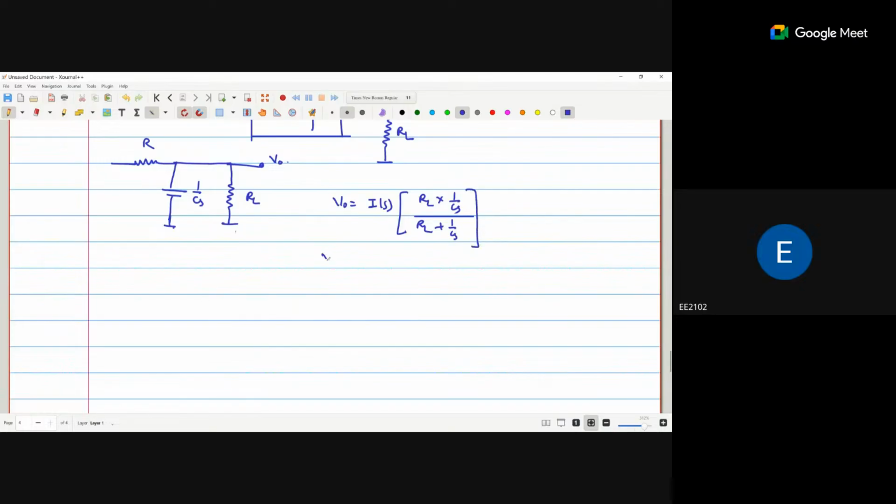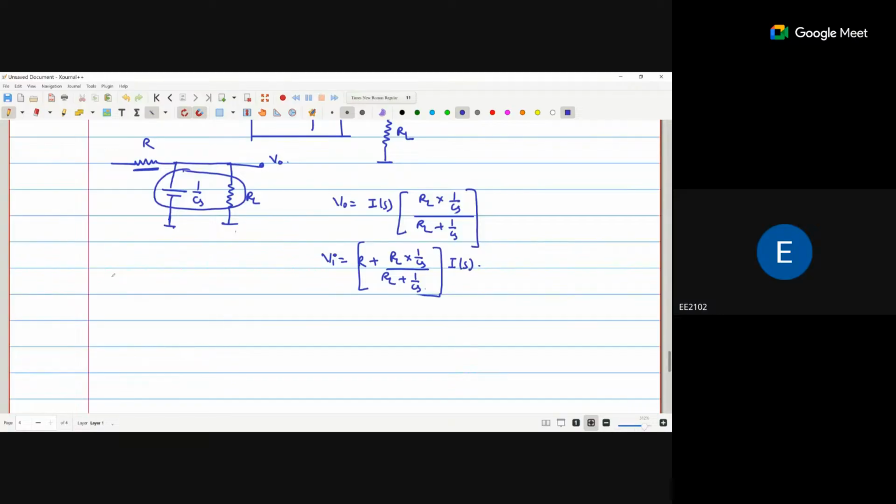Now what is Vi? Vi is also the voltage across this resistor and the parallel combination of these two. So that is R plus the parallel combination, RL multiplied by 1 by Cs upon RL plus 1 by Cs, this whole resistance multiplied by Is.